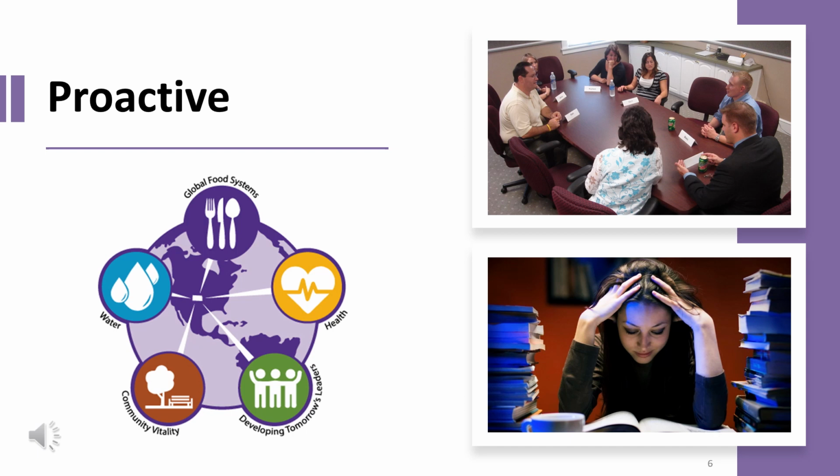Proactive programming is where you actively seek out more information from county data, PDC members, and community partners to find out about critical issues that Extension can address through programming and that aren't already being addressed by other agencies. With proactive programming, an agent plans a series of programs and activities to address or solve the issue. This can be unique to Extension or in collaboration with other local agencies.